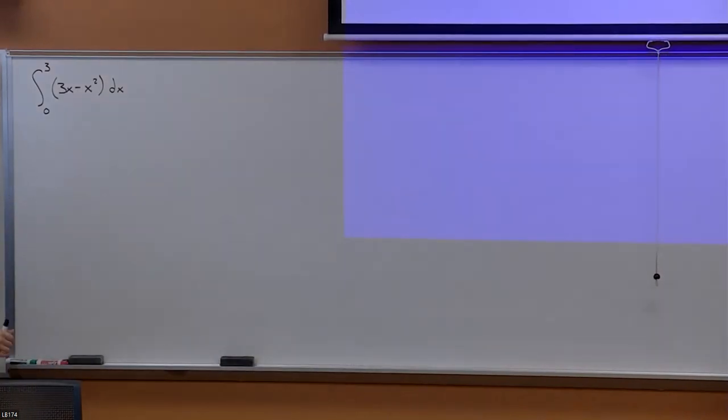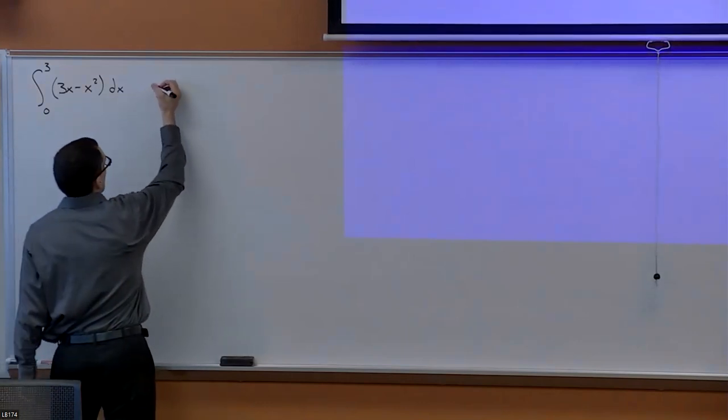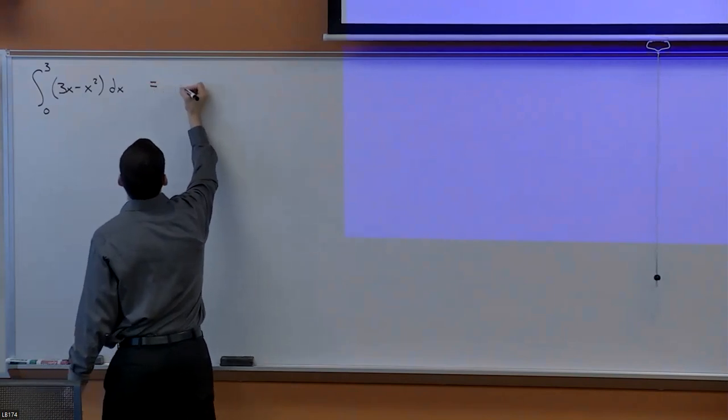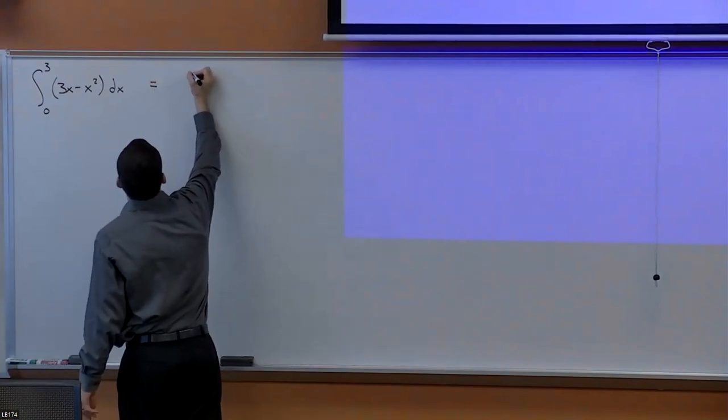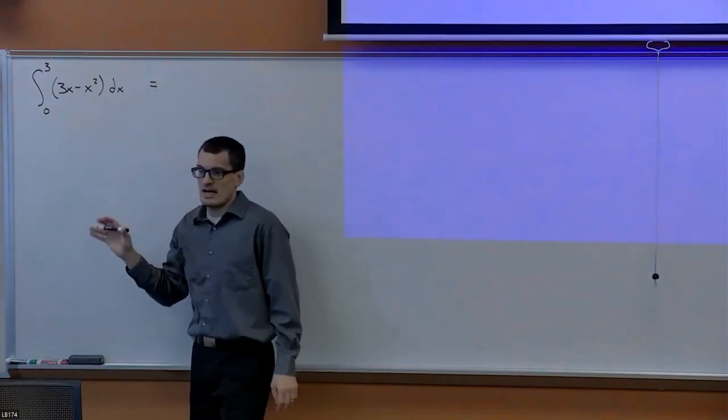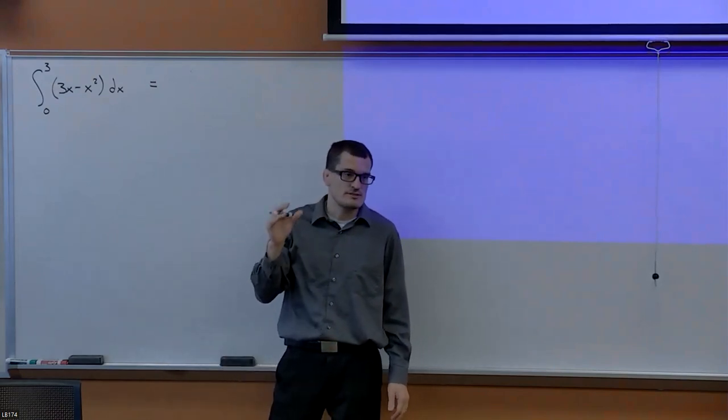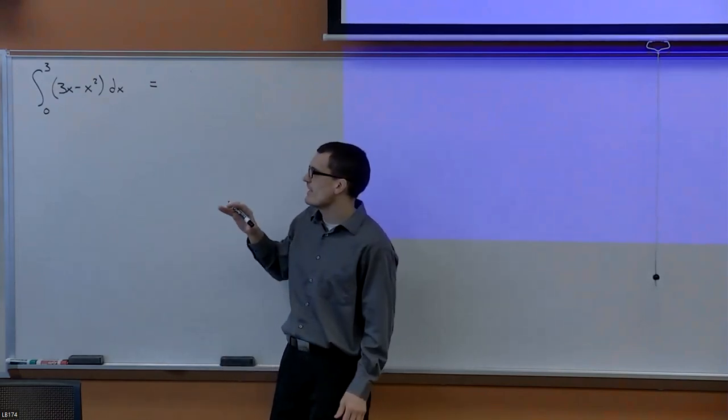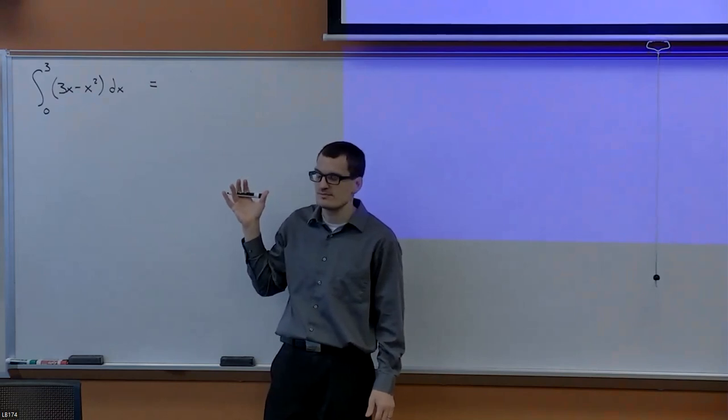So the first thing we want to do is find the antiderivative of this. We did antiderivatives last time. Now, lots of people have different notation when they go ahead and do this.